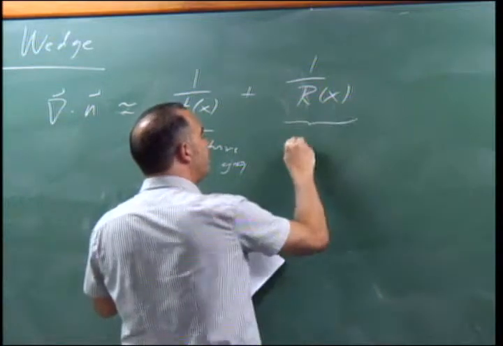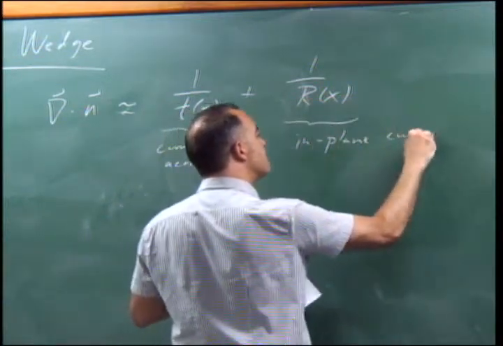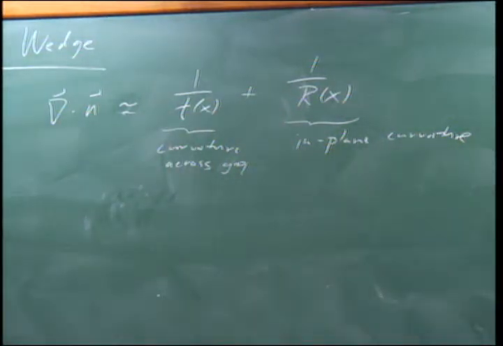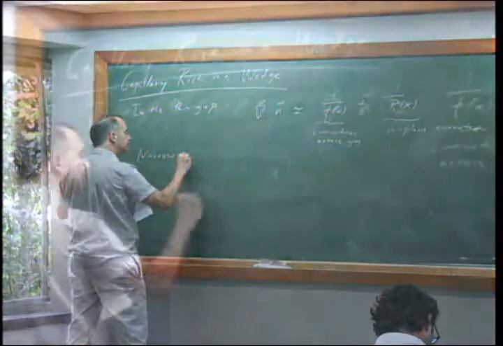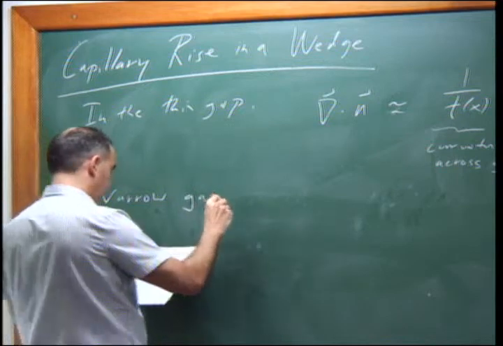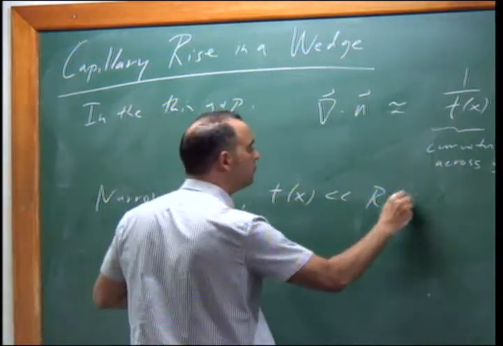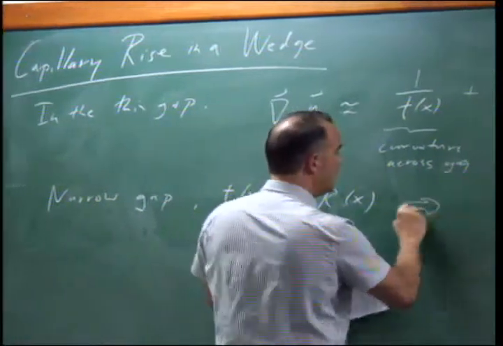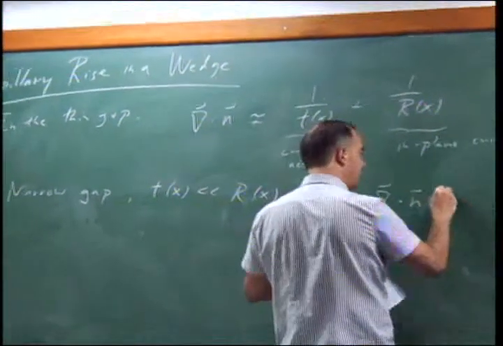And this is the in-plane curvature. Okay, so if we have a narrow gap, then we say our curvature is basically going to be 1 over t.